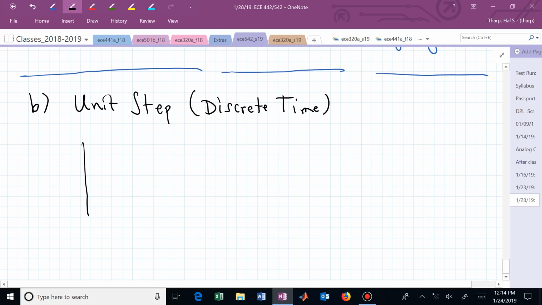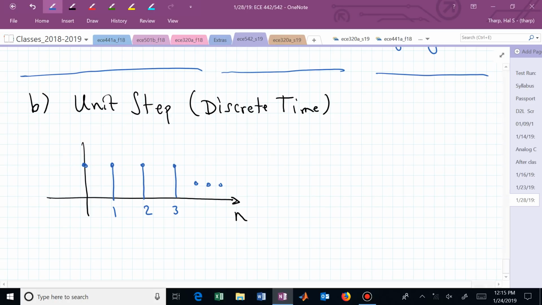And now we have this time domain pattern for our waveform. It's 1, 1, 1, 1, and that's for 1, 2, 3, those values of n, and then it just keeps repeating. That's what those 3 ellipses mean here.